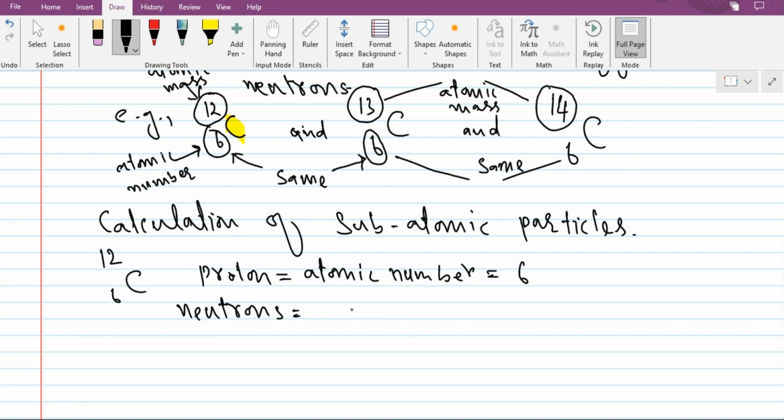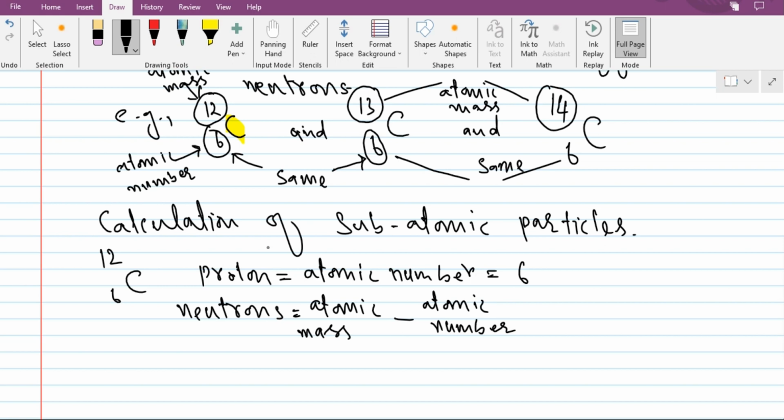Whereas for the neutrons, we must subtract the smaller value from the bigger one. The atomic number must be subtracted from the atomic mass. This is the formula.